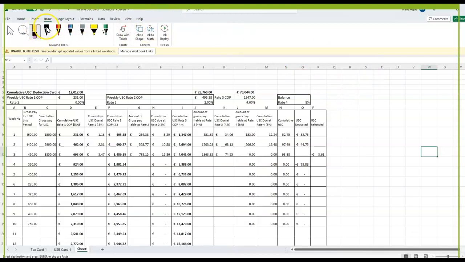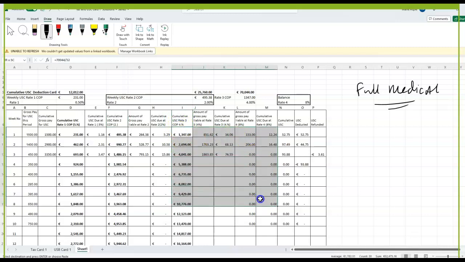Okay, I'm working, but I have a full medical card. Okay, so if I have a full medical card, I get a reduced standard rate cutoff point. What it means is that I don't have any second cutoff or third cutoffs. I basically have a balance here at cutoff 2, and there isn't a third cutoff, so I'm just going to get rid of these here.